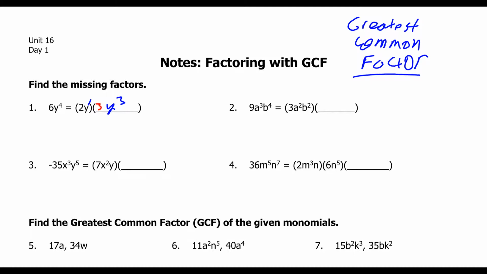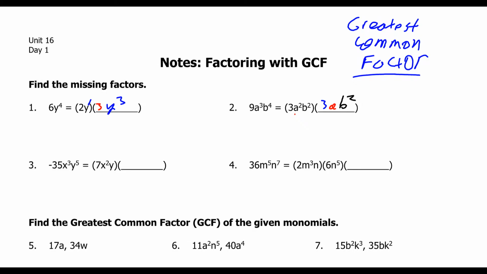Now, number 2, 3 times 3 is going to be 9, so we put a 3 here. Now, let's see, a squared times a will be a to the third. And then we've got b squared times b squared will equal b to the fourth.